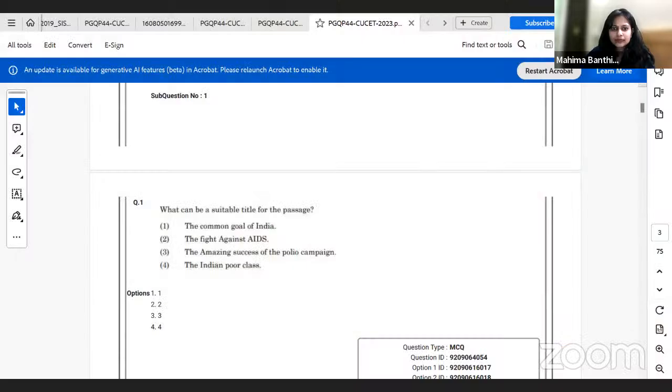Okay. All right. So the first question that I'm addressing is shift 1, question number 88. And then it is shift 1, question 27 and 53. So let's go with 27 first.